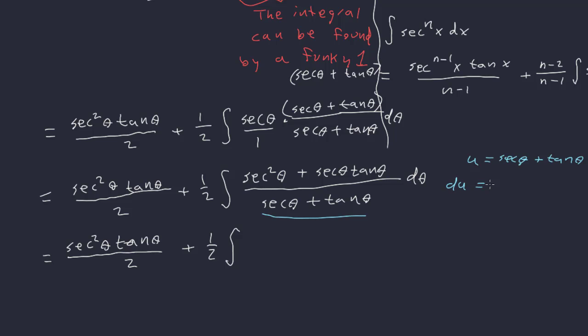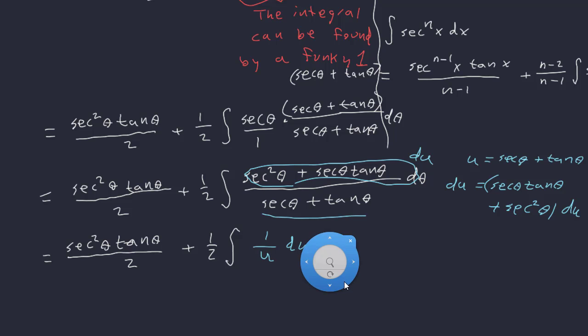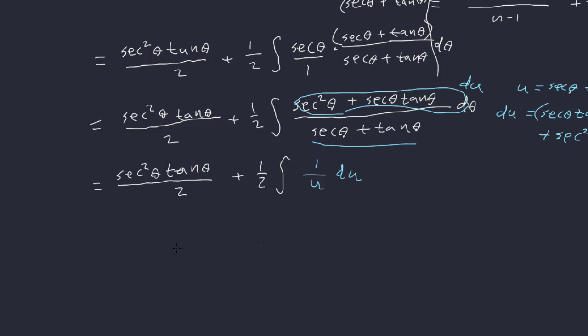The derivative of secant is secant theta tangent theta, and the derivative of tangent is secant squared theta. Well, that's our numerator. So this altogether is going to be our du. So we basically have 1 over u du. All right? And so that gives us 1/2 natural log absolute value of u plus c.